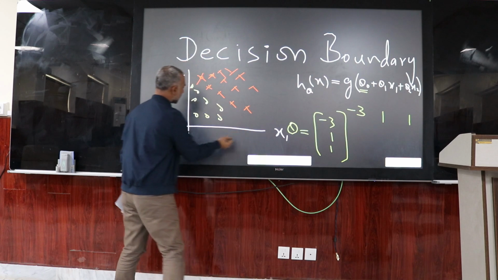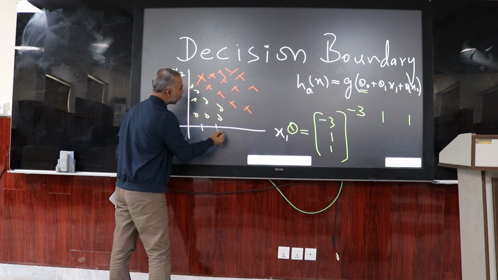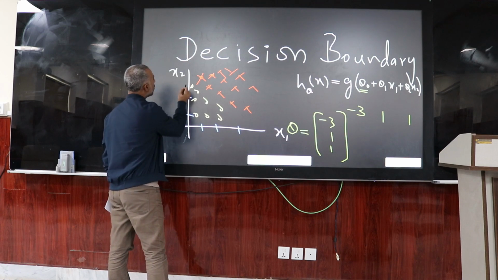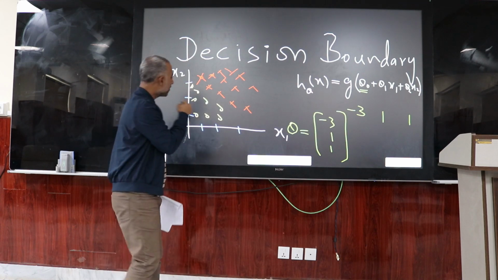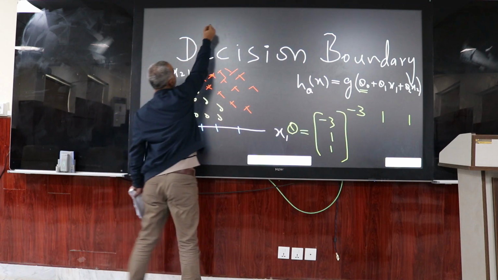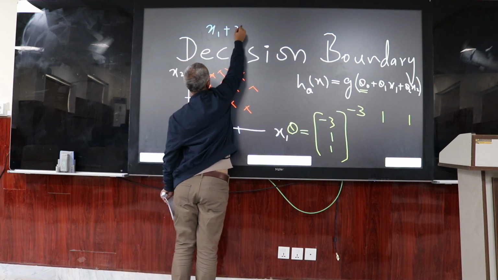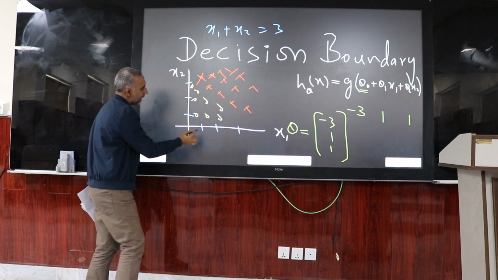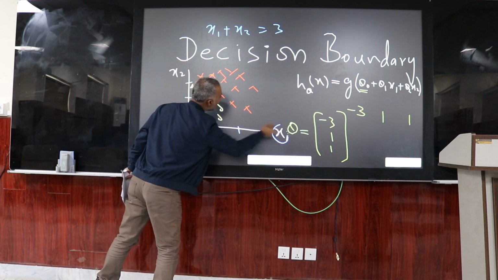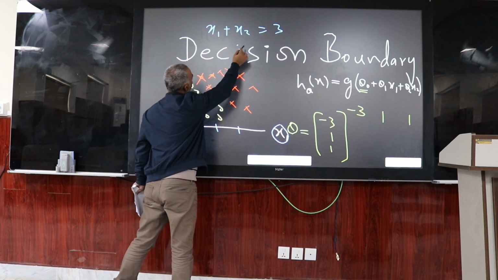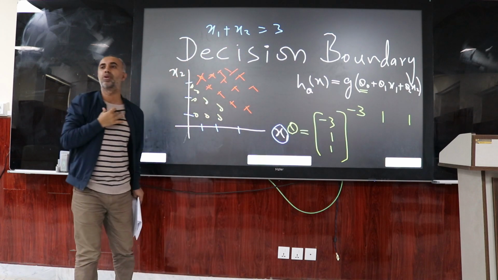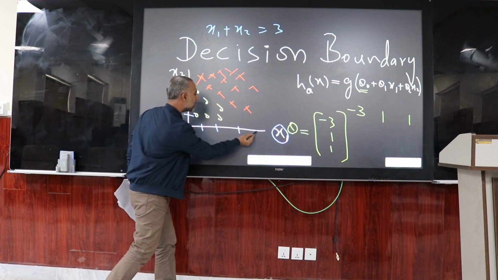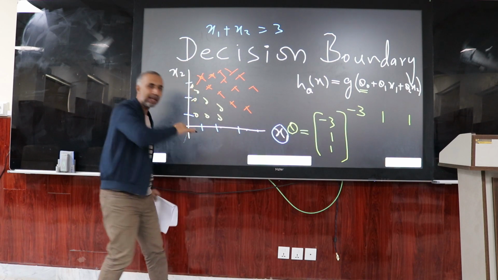You can notice if we have 1, 2, 3 and 1, 2, 3. In the equation x1 plus x2 equivalent to 3, if I am talking about x1, then of course I need to consider x2 equivalent to 0, because there is no height.